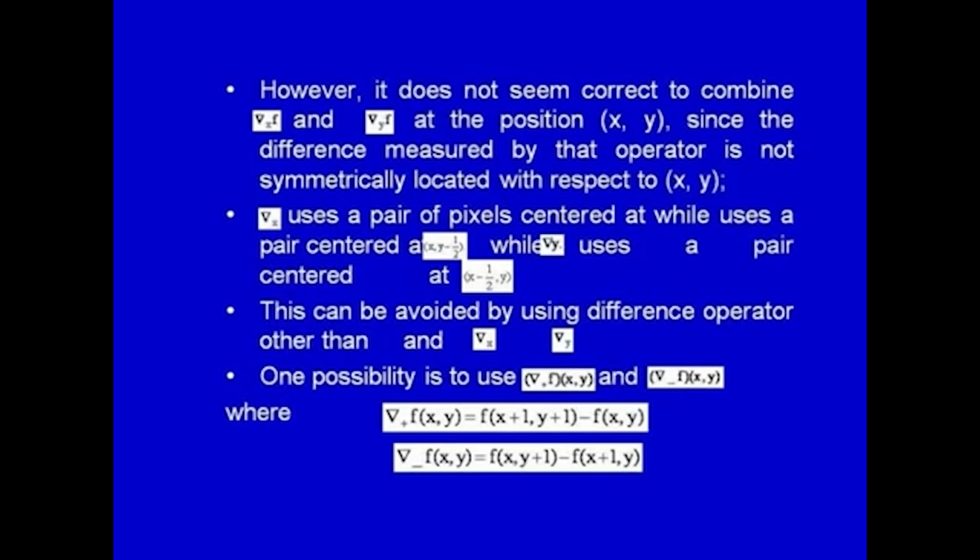One possibility is to use a forward derivative and a backward derivative, whereby the forward derivative of the function f(x, y) can be represented as the function at the location x plus 1, y plus 1 minus the function value at x, y. Similarly, the derivative in the backward direction is equal to the function at x, y plus 1 minus the function at x plus 1, y.